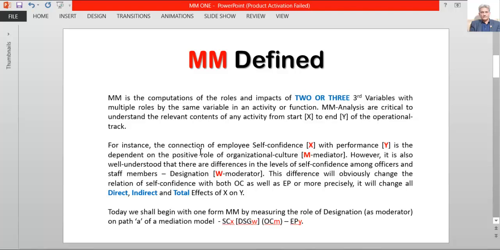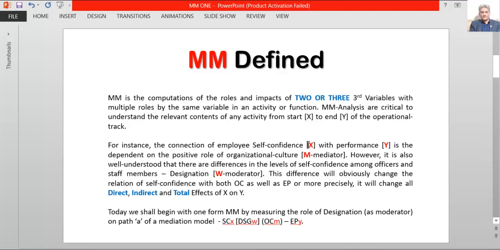For instance, the connection of employee self-confidence with performance is dependent on the positive role of organizational culture. That is the explanation of the mediation model.